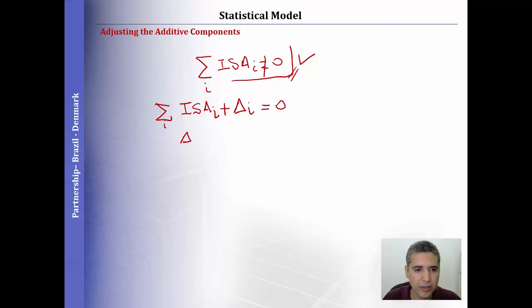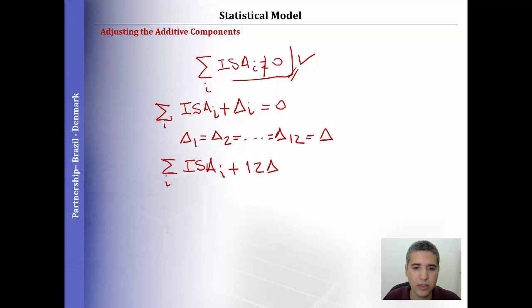To do that, let's consider that delta 1, delta 2, up to delta 12 are all equal to delta. It means that the sum of the ISA plus 12 delta should be equal to 0.